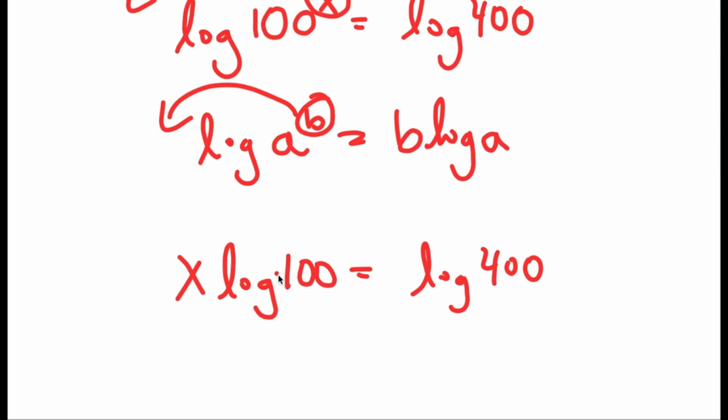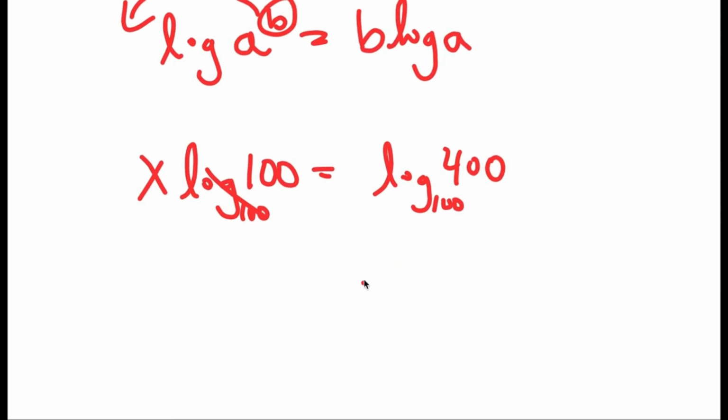Now I'm going to take the log base 100. So, log base 100 of 100 is just 1. And log base 100 of 400, well, 400 is the same thing as 100 times 4.